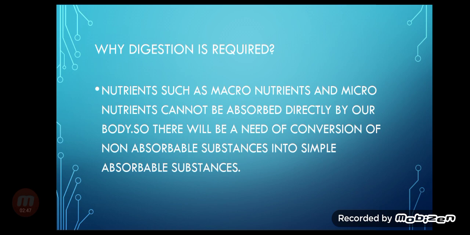So here nutrients such as macronutrients and micronutrients cannot be absorbed directly by our body. So there will be a need for conversion of non-absorbable substances into simple absorbable substances. So here we can observe keenly that we are taking complex food material which cannot be absorbed by our body. So it should be converted into simple absorbable substances.